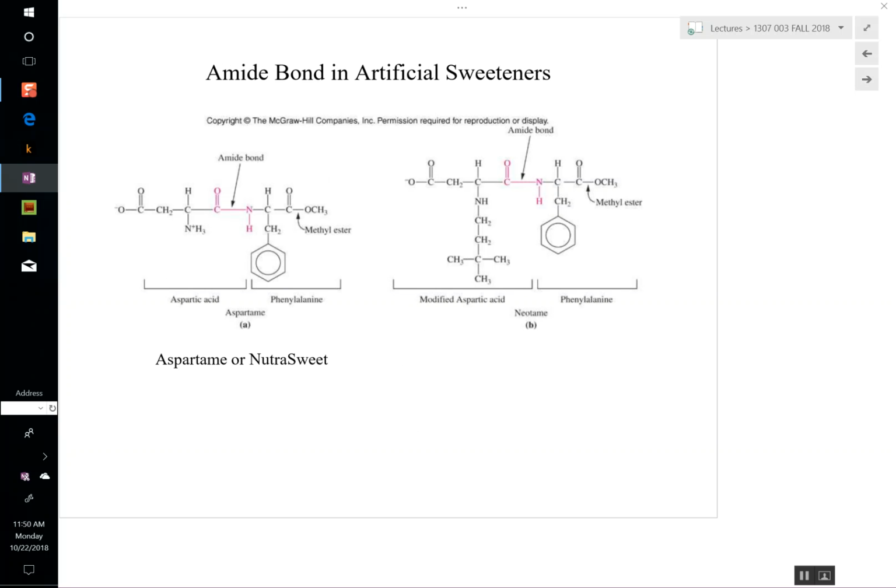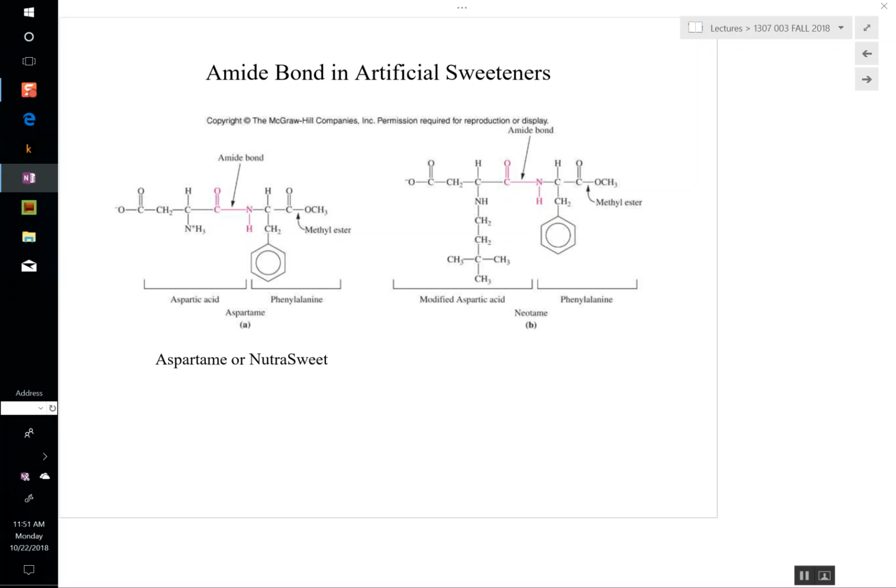Aspartame, a synthetic sweetener, is an amide bond between aspartic acid and phenylalanine, but this is not just phenylalanine. It's got a methyl group on it, so it's been tweaked a little bit synthetically. People that have PKU, phenylketonuria, can go into a toxic reaction to phenylalanine.